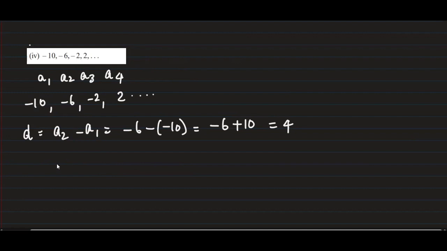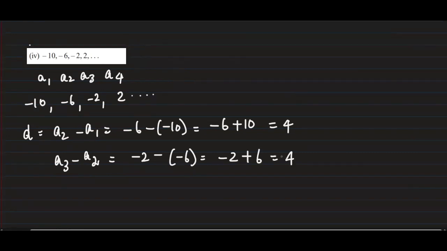Now let's check for a3 minus a2. So a3 is minus 2. Then again minus of a2 will be minus 6. So minus 2 plus 6, which is equal to again 4. Okay. So I think d value is same. So this one falls under the category of AP.